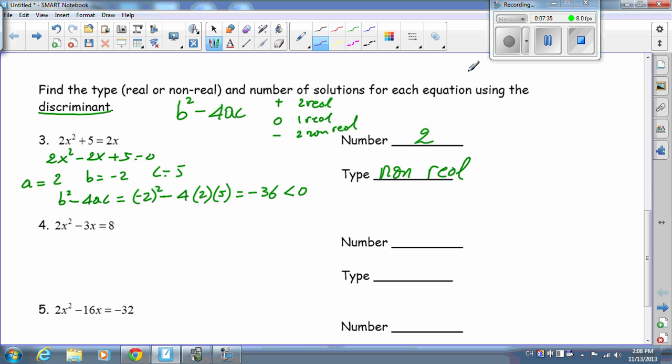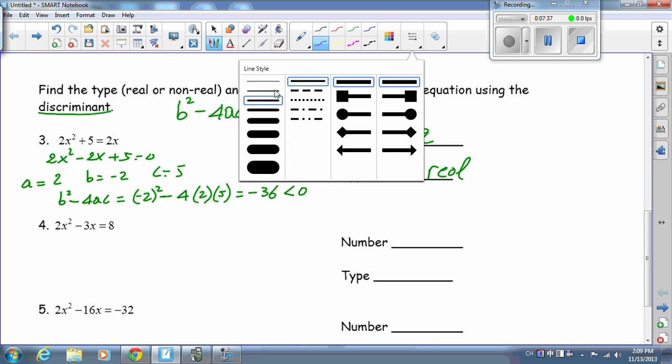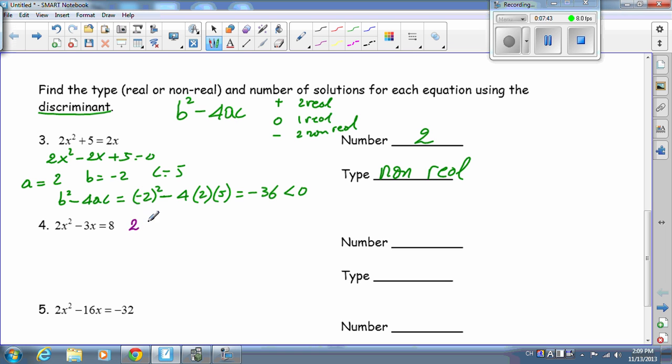Let's do the same thing for the next one. This time, I have 2x squared minus 3x equals 8. First step is to rewrite it. So I will say 2x squared minus 3x minus 8 is equal to 0. So a here is equal to 2, b is equal to negative 3, and c is equal to negative 8.